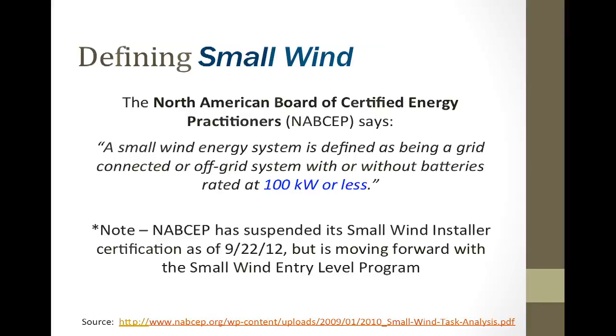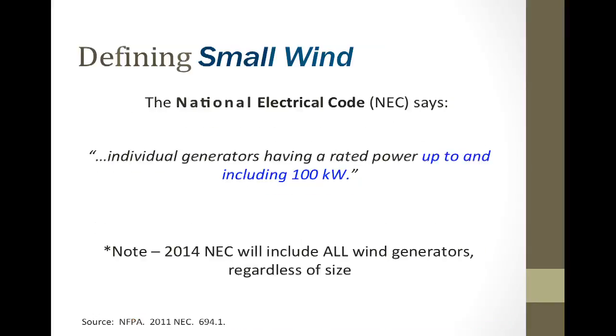So the NEC also says that individual generators can have a rated power up to and including 100 kilowatts. Now that was according to the NEC of 2011. Okay, 3 years later, the 2014 National Electric Code actually refers to all wind generators, regardless of size.